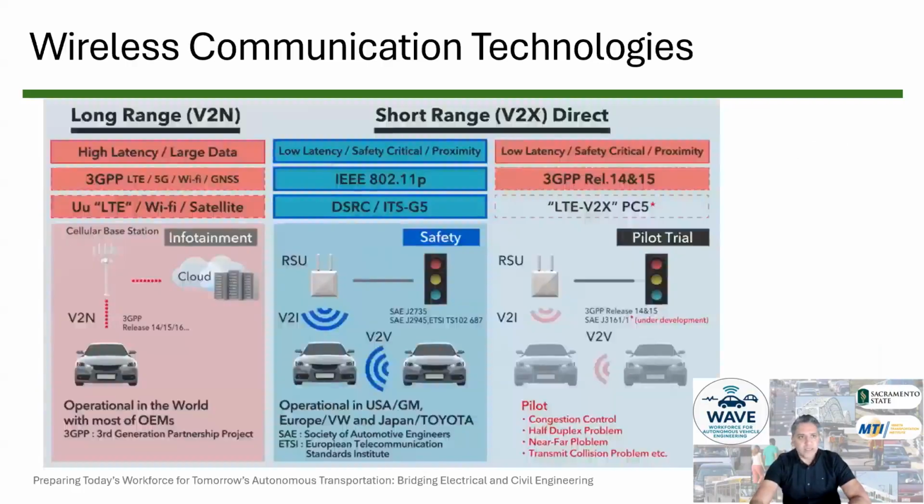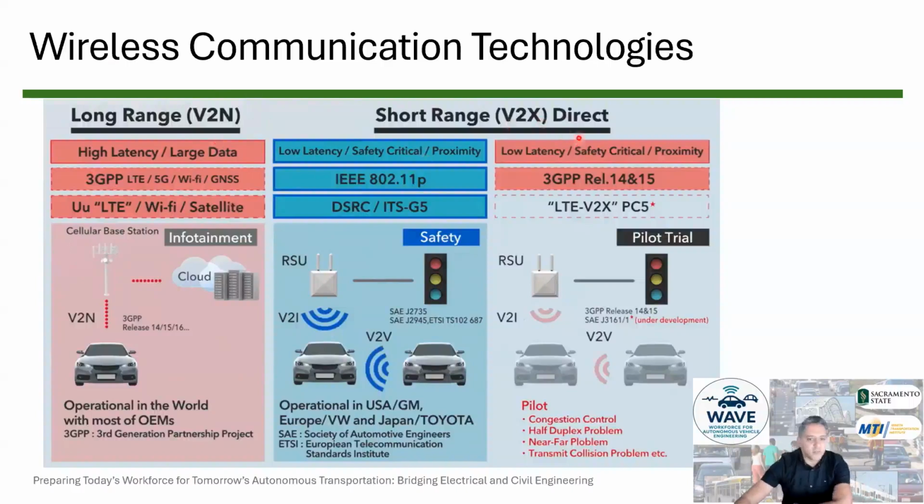Okay. Now, this is an example of different wireless technologies. We have long range for vehicle to network: 5G, Wi-Fi, GNSS, which is satellite, or LTE, Wi-Fi, and satellite are used for vehicle to network.